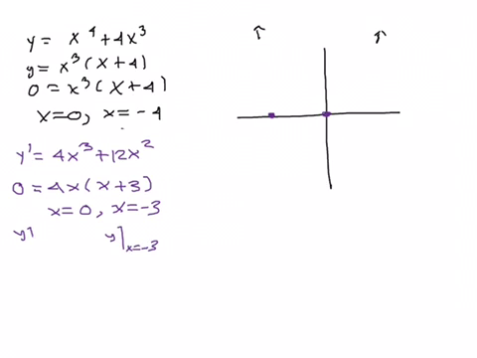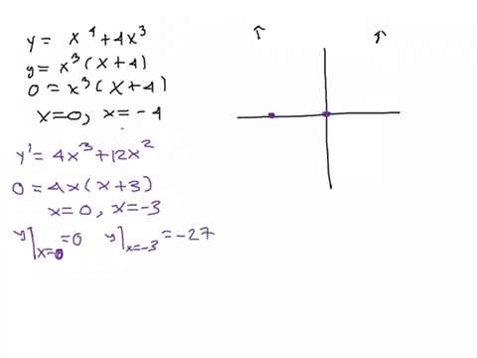So let's go and do that. We already happen to know x equals 0. That was a point that we plotted. We know it goes through (0, 0). So that's just 0. And for this one, plugging into the original function, I get -27. So what does that tell me?